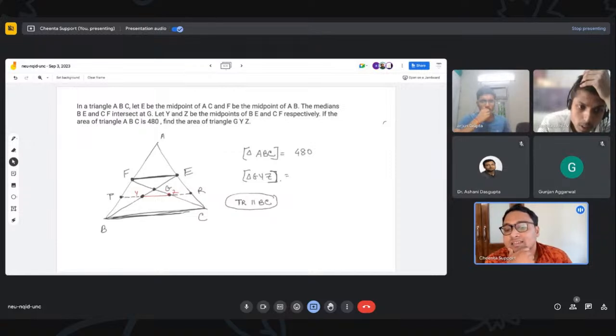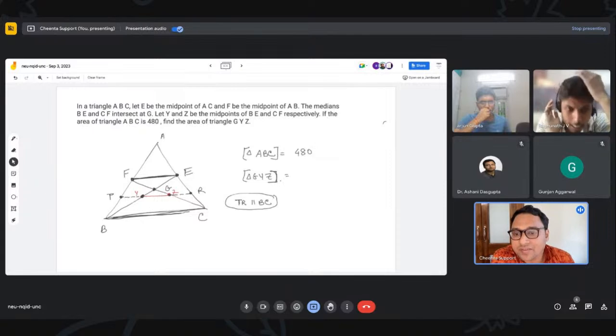Maybe Y is not collinear with TZ. So, okay, maybe we can do something different then. I have an idea of coordinate geometry, maybe.